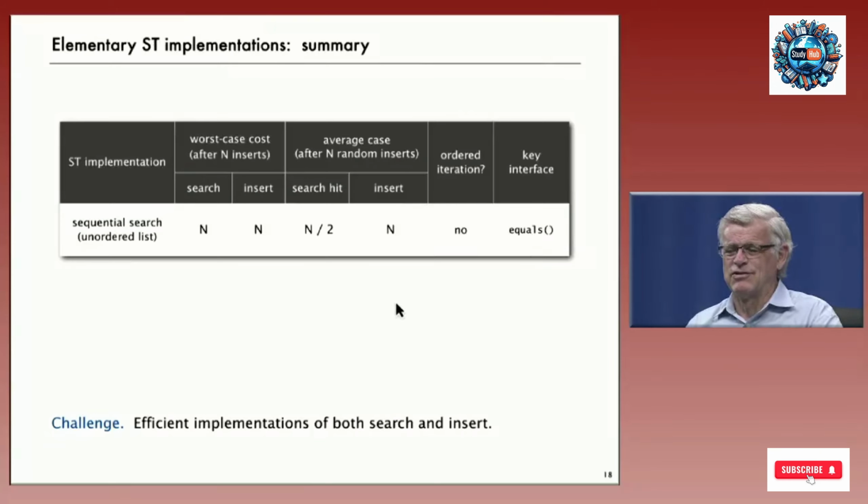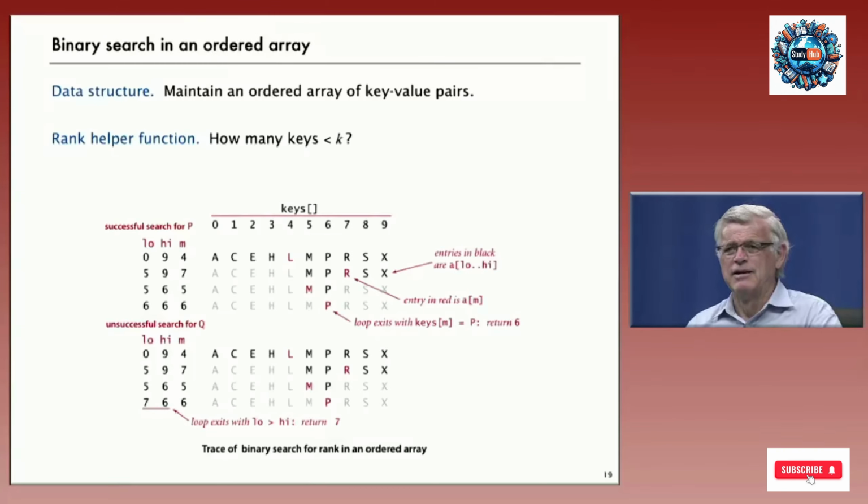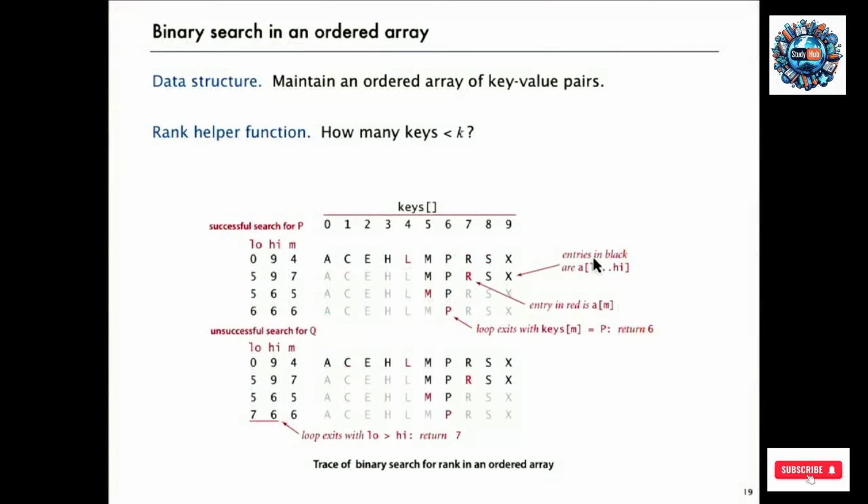Our challenge is to look for methods that give us more efficient implementations of these search and insert operations. And we've already looked at an algorithm that can do this, and that's binary search. So for binary search, what we're going to do is use an ordered array and actually use parallel arrays, one for the keys and one for the values.